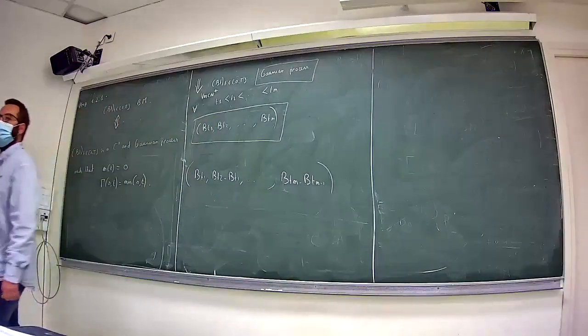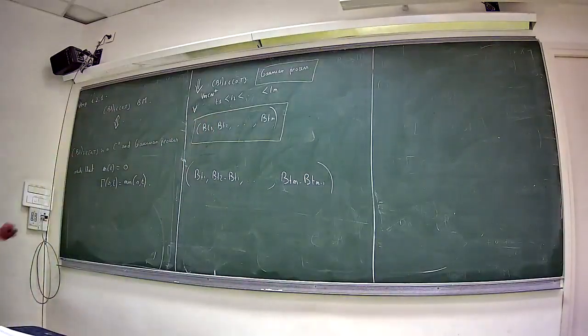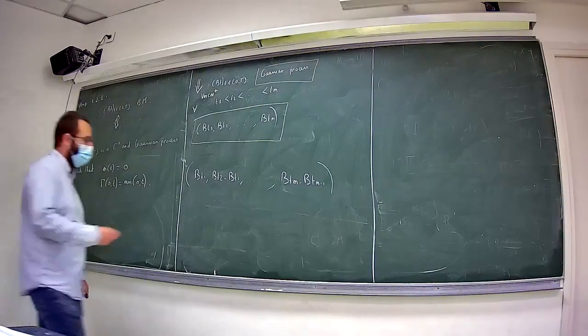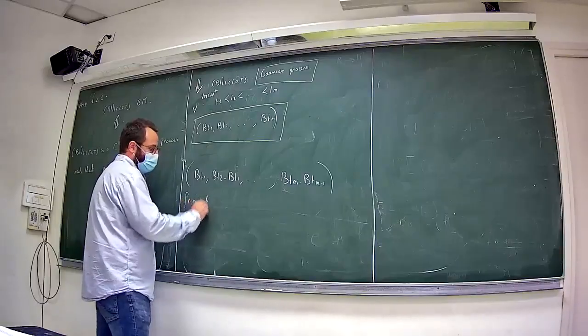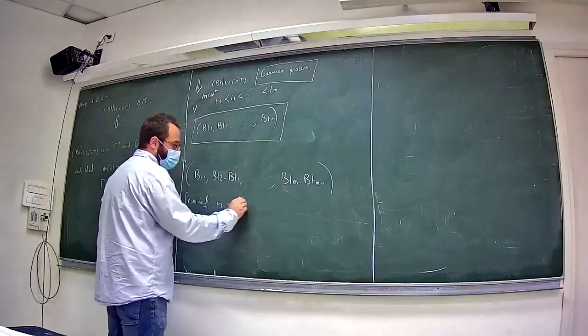This one is a Gaussian vector. Why? Because I know that all of them are Gaussian and independent. So using the point D and the point C in the definition, this one, from the definition, is a Gaussian vector.